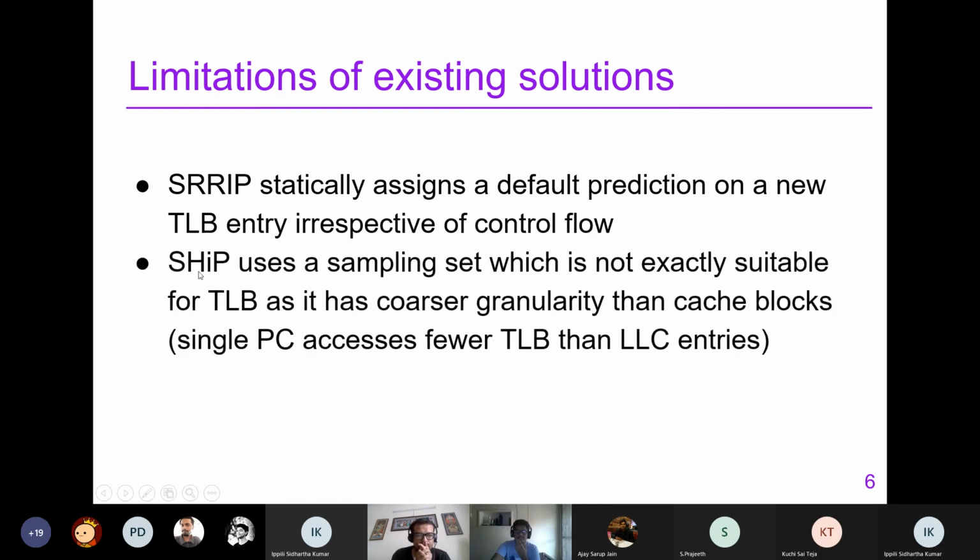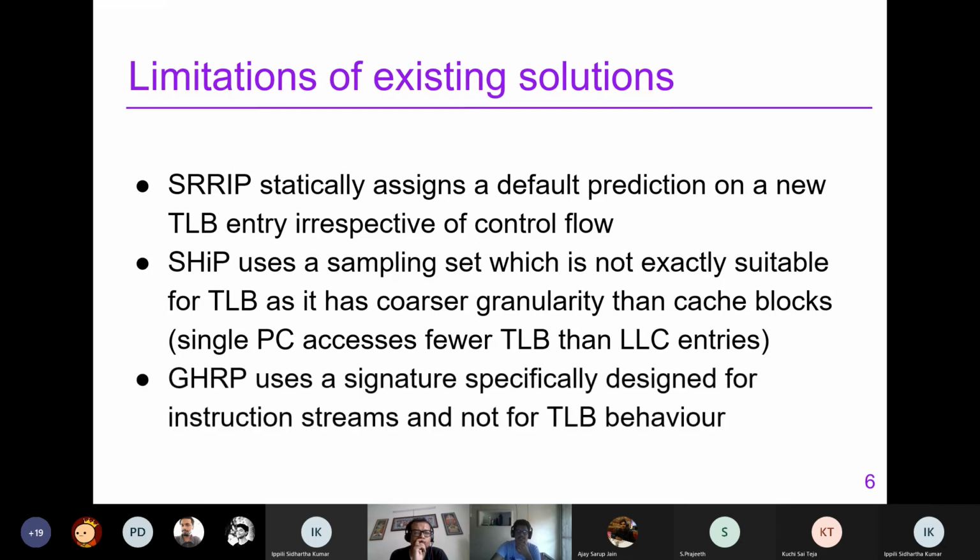SHiP stands for Signature-based Hit Predictor, and it uses a sampling set, which is a subset of the TLB, that is supposed to generalize the whole TLB. The sampling does not work for the TLB as it has much coarser granularity. That is, many program counters map to the same TLB entry, and therefore there is poor generalization.